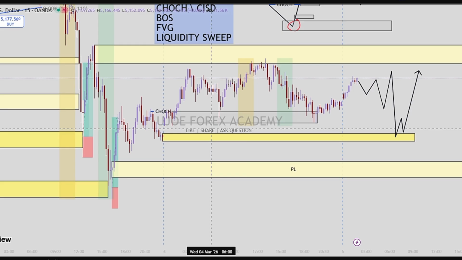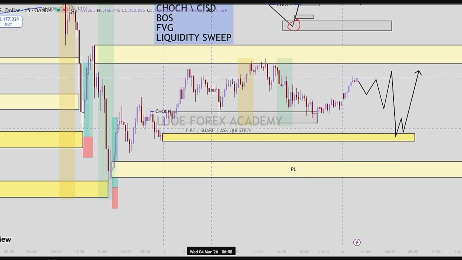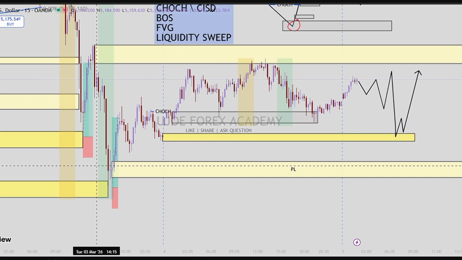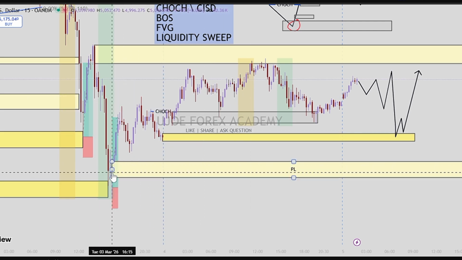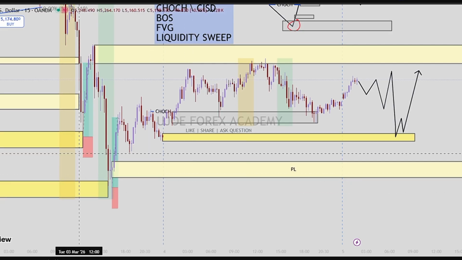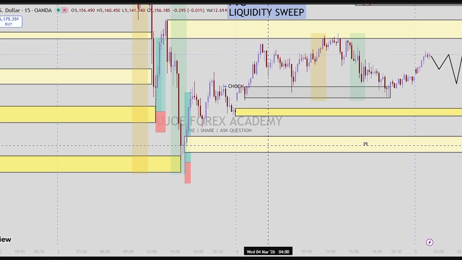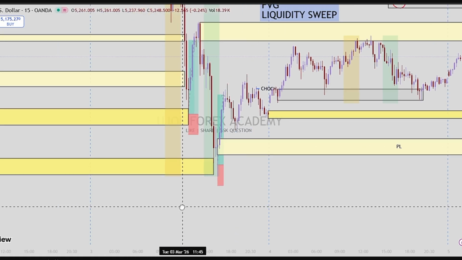No, it's not within the daily period, as in time, talking about the Asian, London, and the New York session. That's not what we're talking about. Like you see this order block, it's occurring from a previous day. You could see a couple of others that have also formed from previous days.